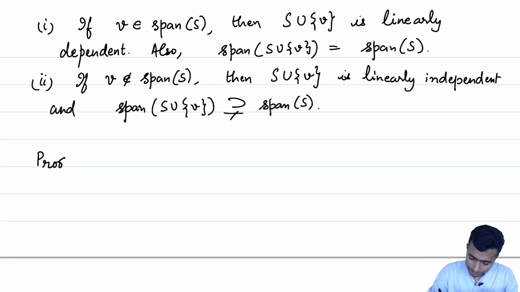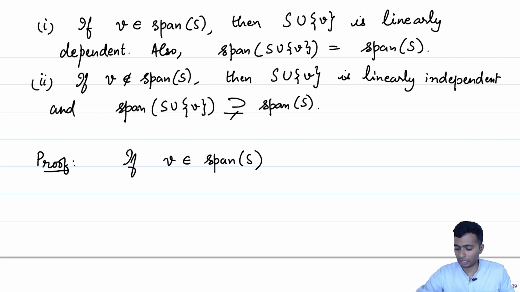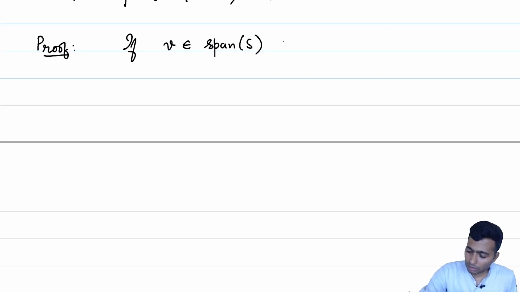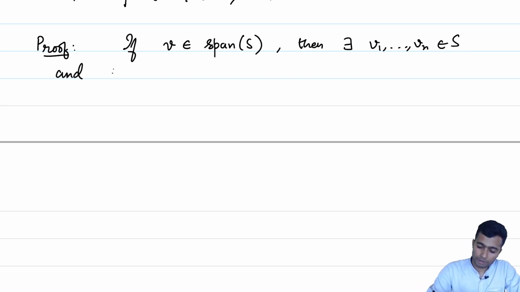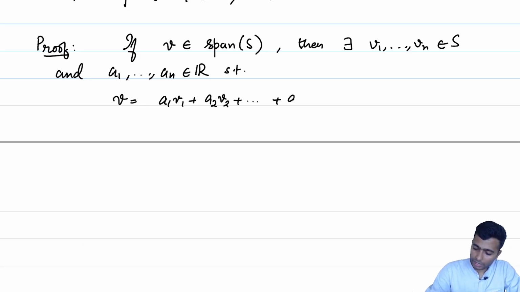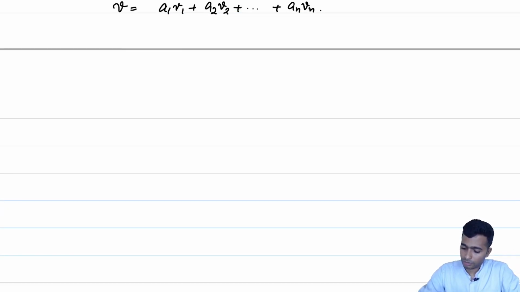So let us first prove 1. If V belongs to the span of S, what does that mean? That means that there exist V1 to Vn in capital S and A1 to An in R such that V is equal to A1 V1 plus A2 V2 plus dot dot dot An Vn.